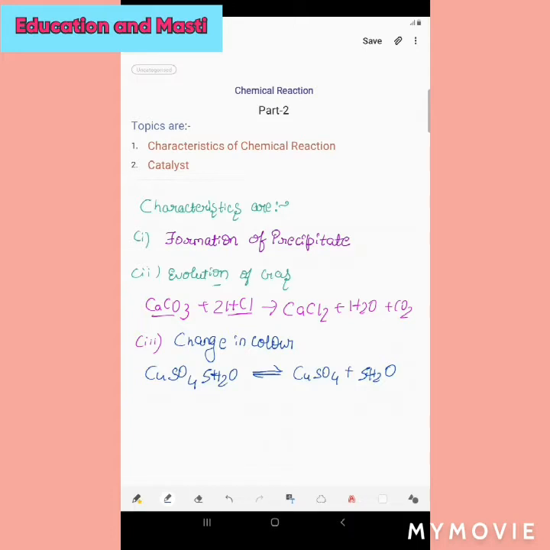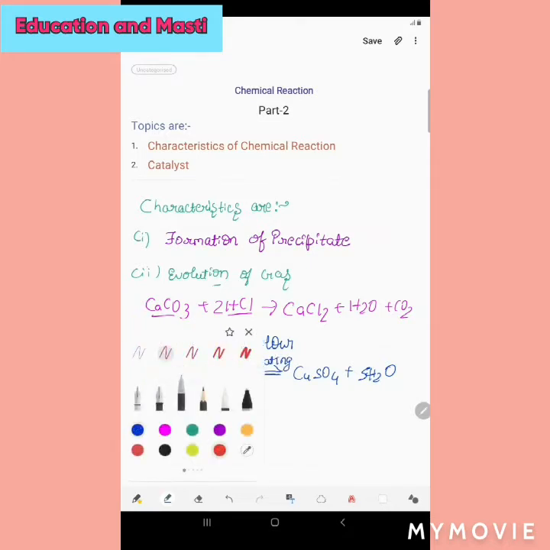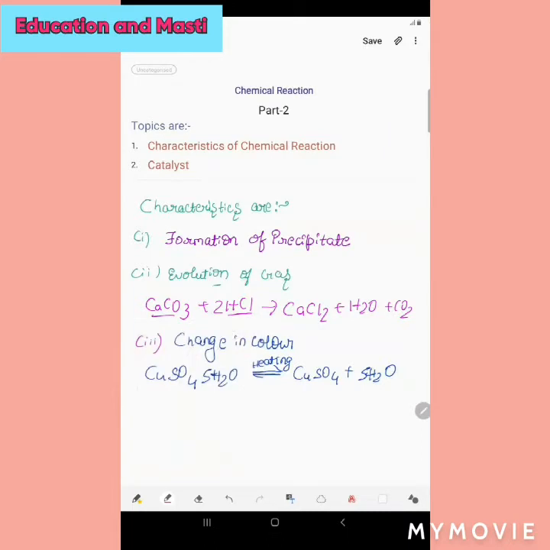Now if we allow this hot test tube to cool, the white colored copper sulfate salt turns back to its original blue color.